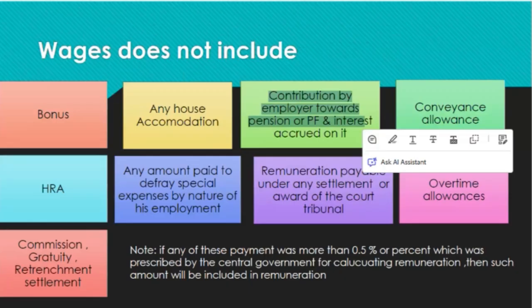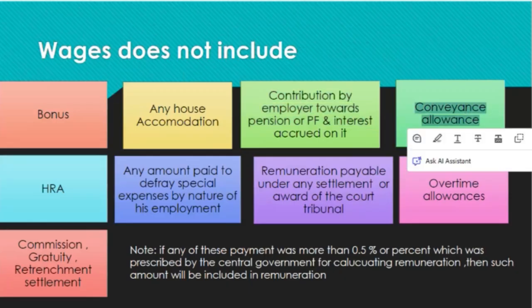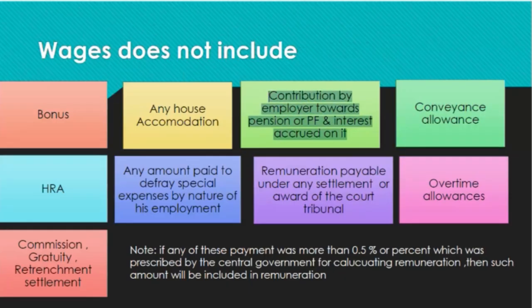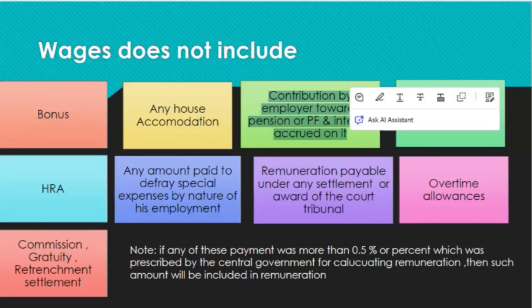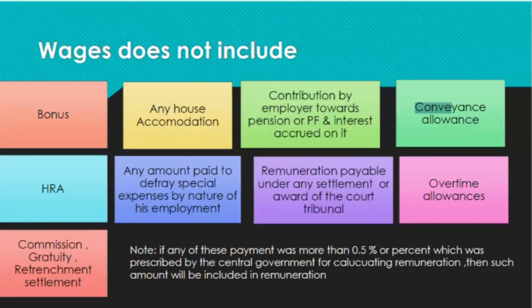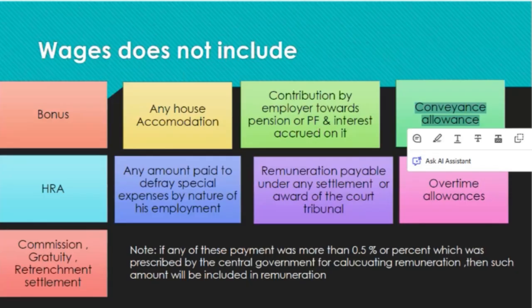PF, pension, there are separate acts, and the act specifically states that it does not form part of the wages. Conveyance allowance, there is no specification anywhere. So conveyance allowance, if it is more than half percentage of the total wages, then whatever is the excess amount, greater than half percentage, will be included in my wage computation.